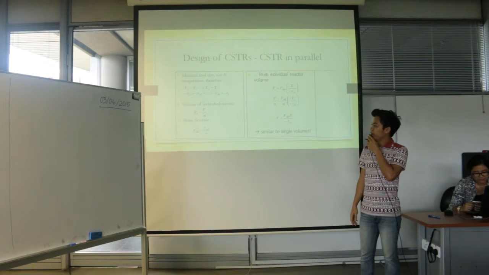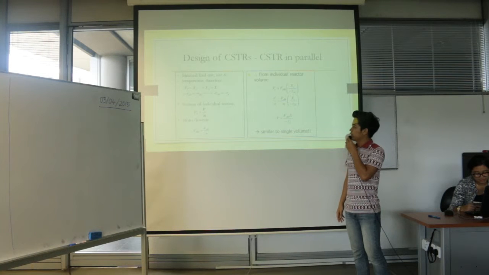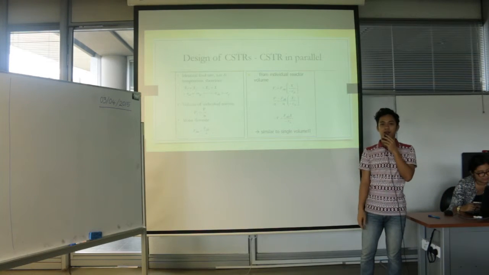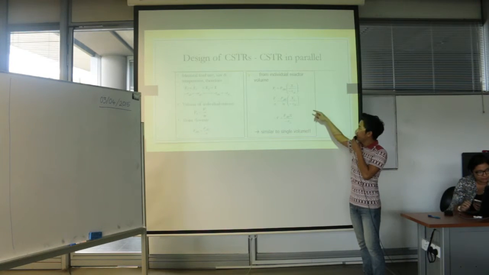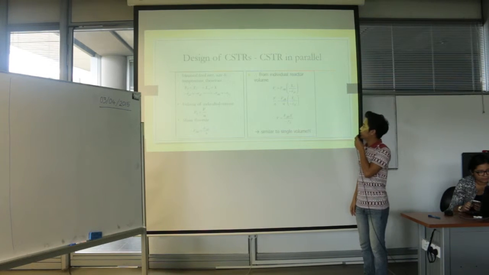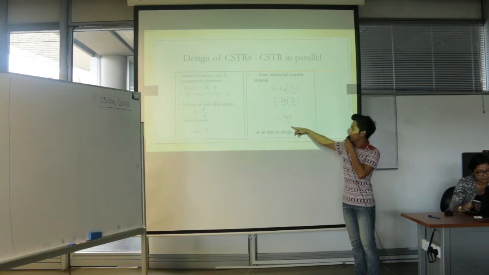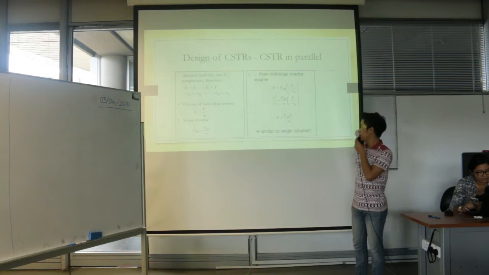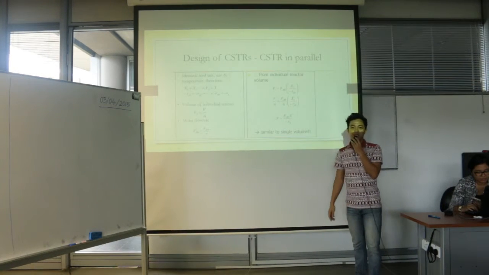For the molar flow rate, FA0i equals FA0 over n, where F is the flow rate of the reactor. From the individual reactor, volume Vi equals FA0i times Xi over negative rAi, and then we get the final equation, V equals FA0 X over negative rA, which is the mole balance of CSTR.